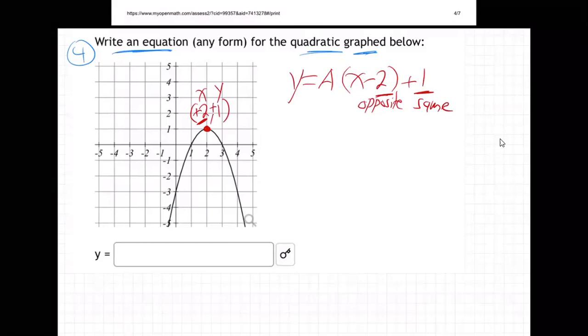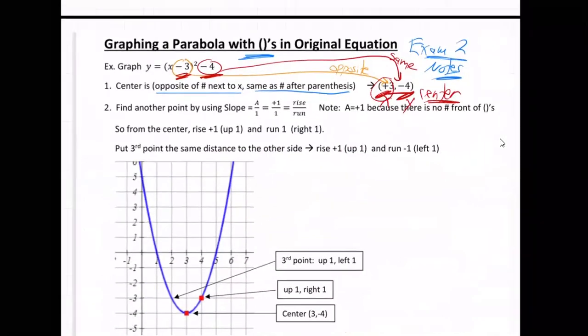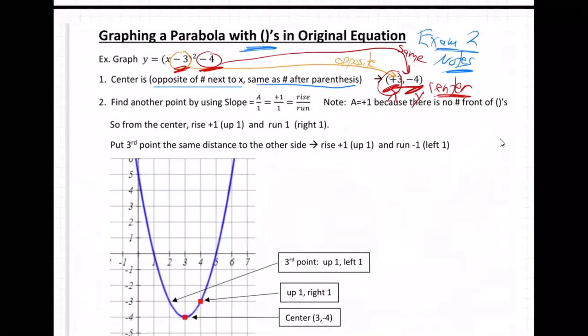Do you see how I did that? I just used these steps backwards. See what they're saying here? The center is the opposite of the number next to x, same as the number after the parentheses. Opposite, same, compared to the center.